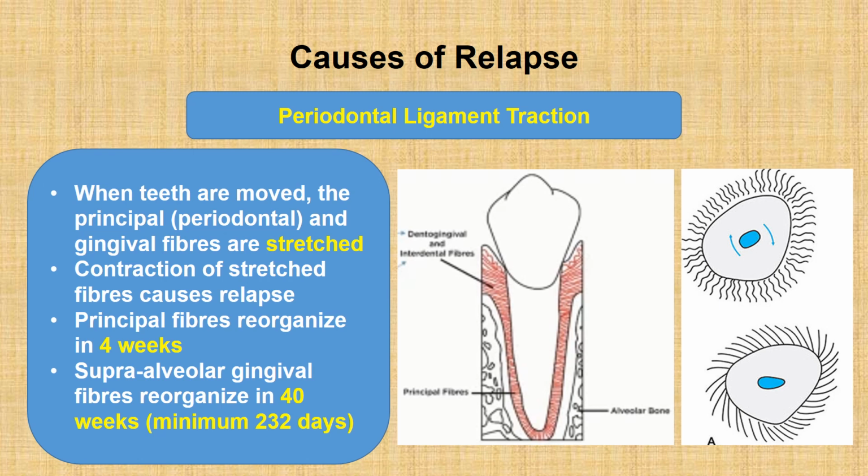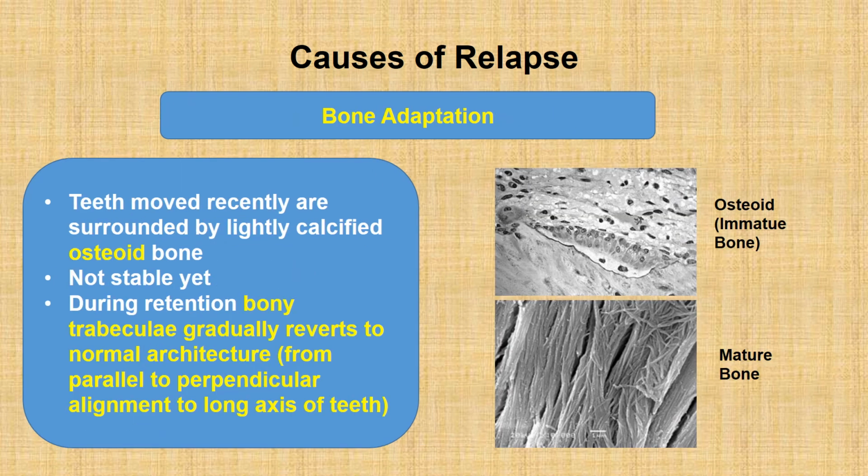Now, the principal fibers take about 4 weeks to reorganize and readapt, but the supragingival fibers or the supracrestal fibers take up to about 40 weeks or 232 days to reorganize to the new position of the teeth.